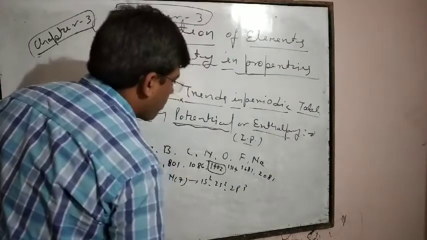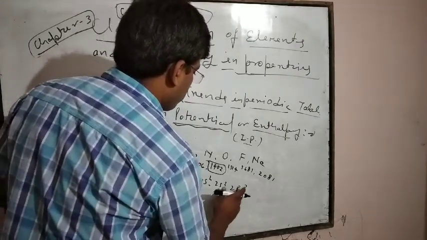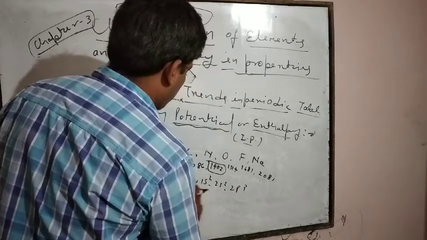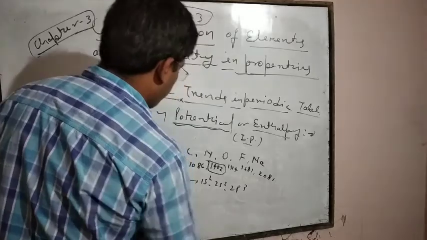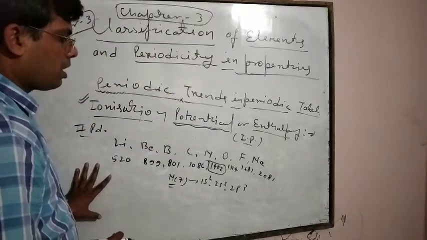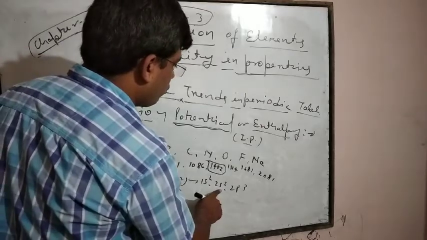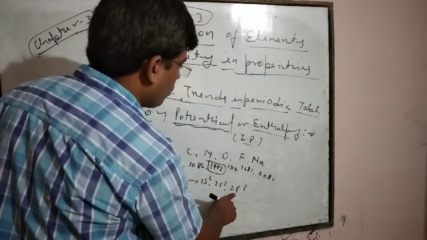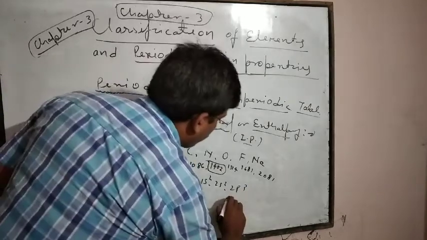Atomic number of nitrogen is 7 and electronic configuration is 1s2, 2s2, 2p3.